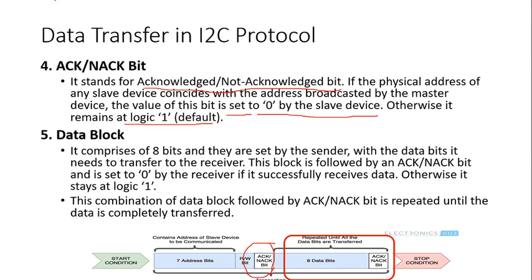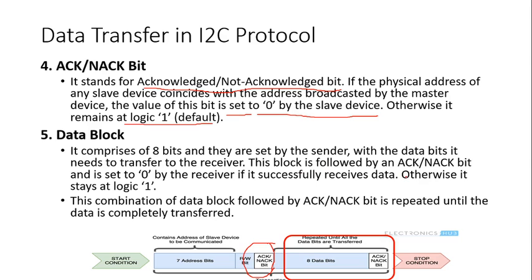Then the next part is the data block. The data block consists of 8 bits of data, and they are set by the sender with the data bits it needs to transfer to the receiver.